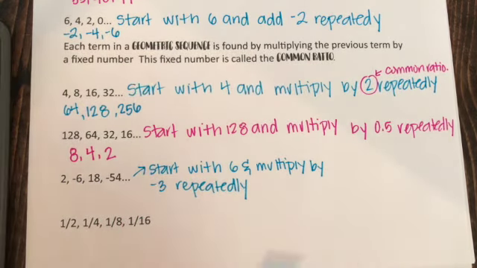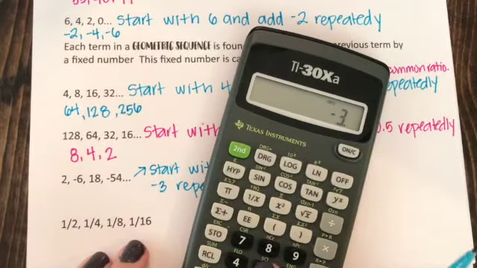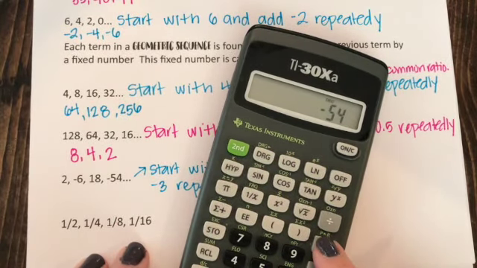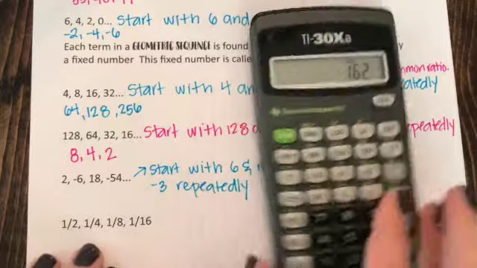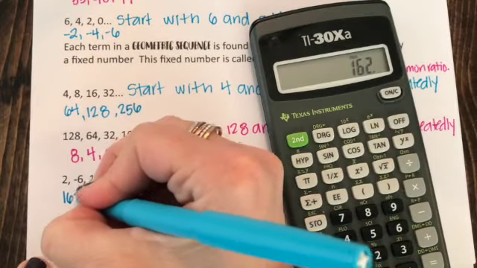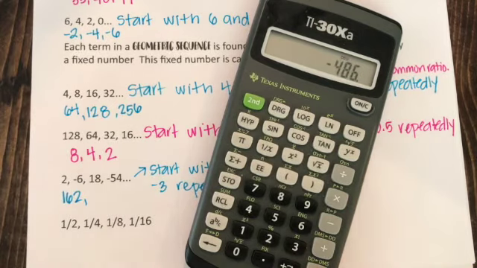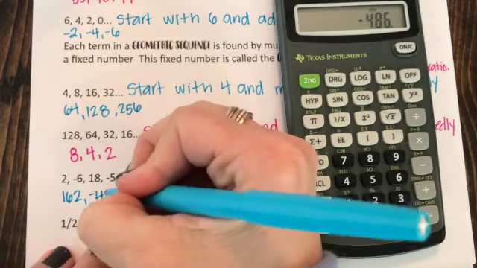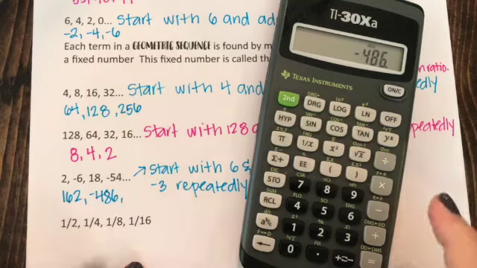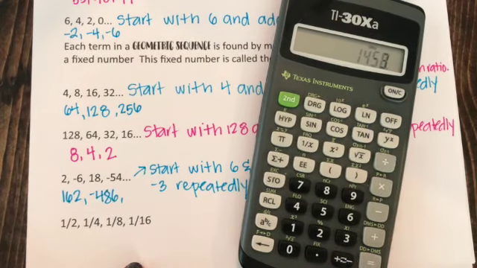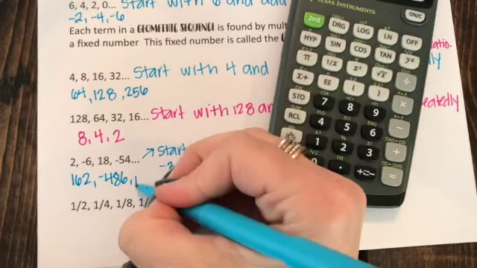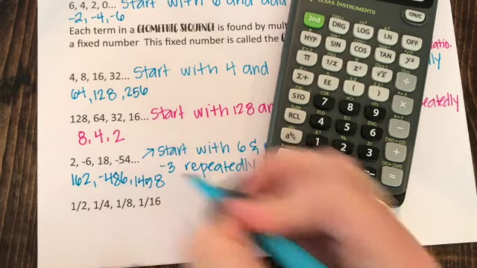So now use your calculator. Okay, and I have negative 54 times negative 3 is positive 162. And then positive 162 times negative 3 is negative 486. And then negative 486 times negative 3 is positive 1,458.